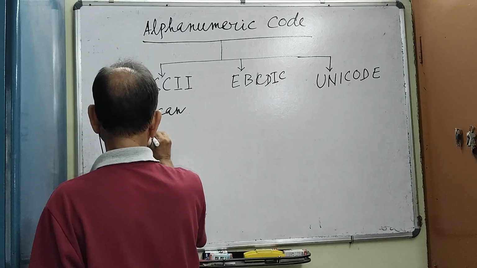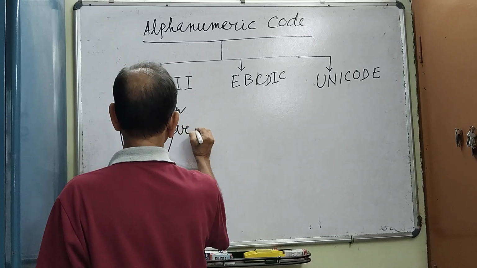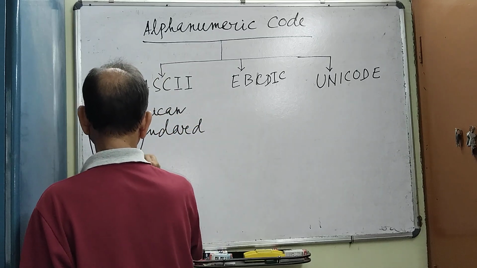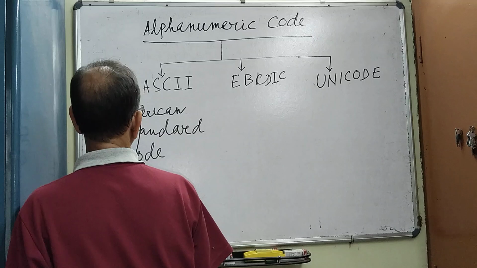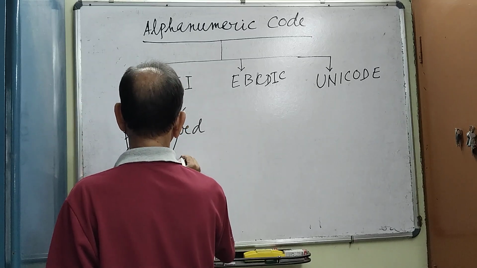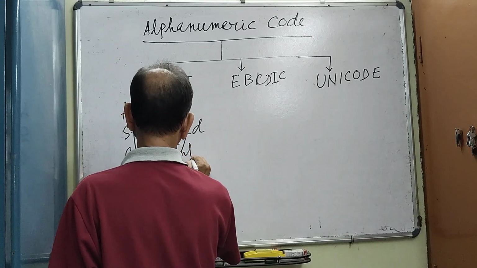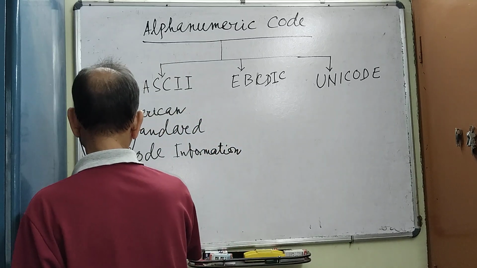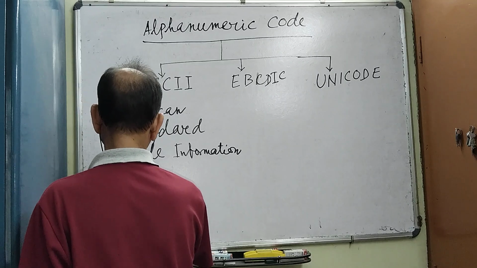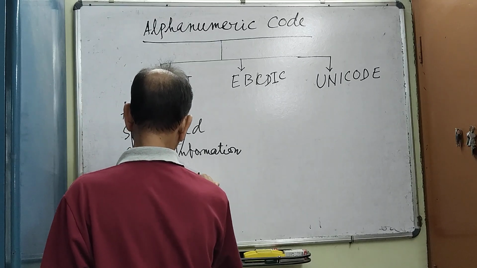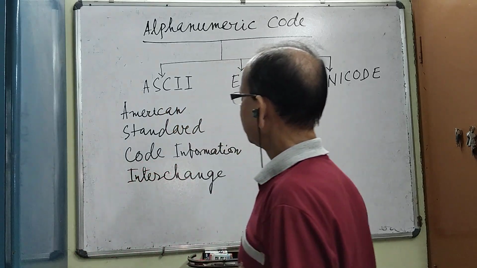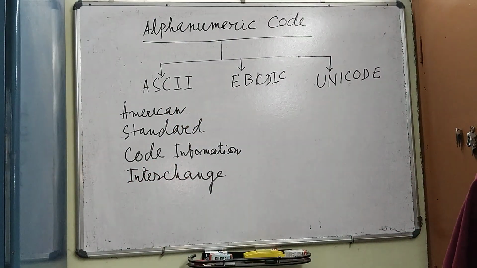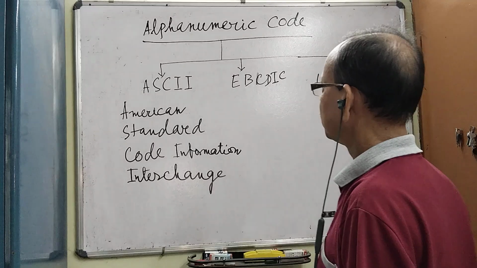American Standard Code for Information Interchange. ASCII means American Standard Code for Information Interchange.